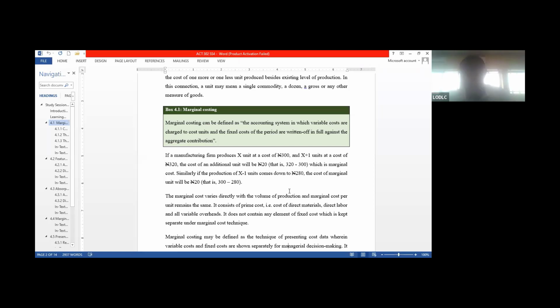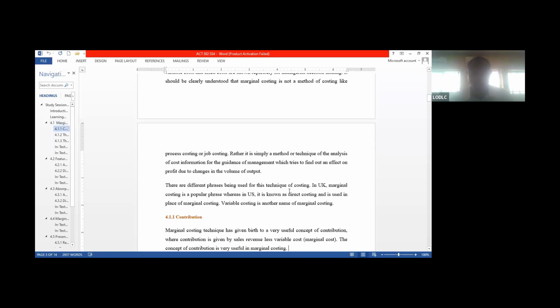That is 20 naira, which is the marginal cost. So marginal cost is just the difference between the cost of the extra unit produced and the original units produced. Similarly, if the production of X minus 1 unit comes down to 280, the cost of the marginal unit will be 20 naira. That is 300 minus 280. So that is what marginal costing is telling us.